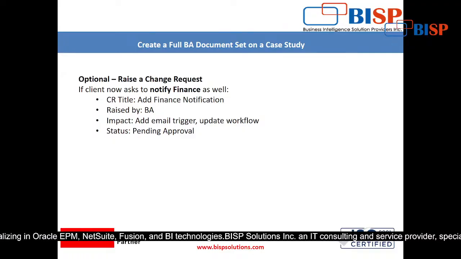Now, raise a change. In the middle of the project, for example, the company has completed most of the tasks, like 60 to 70% of the project. Now suppose they ask for a change.